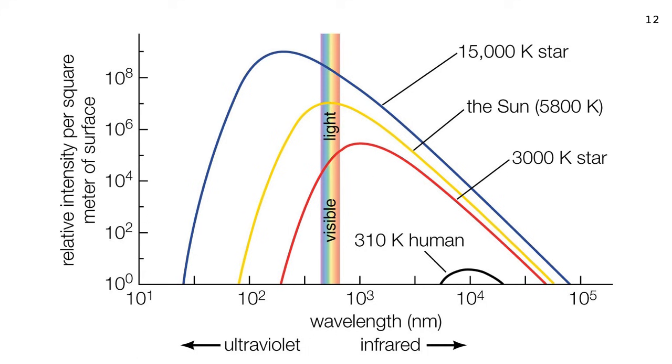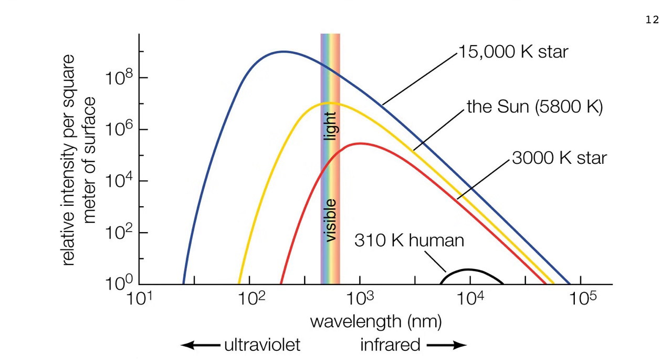But now, this first curve here, this blue one, corresponds to the square meter for square meter output of a 15,000 Kelvin star. And it could be anything at the temperature of 15,000 Kelvin.